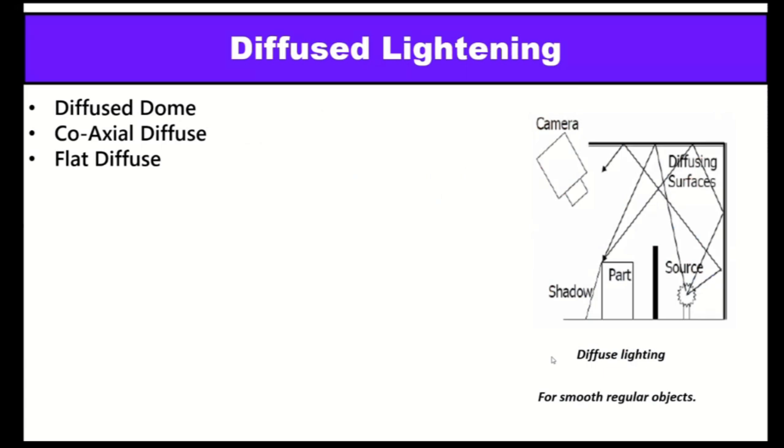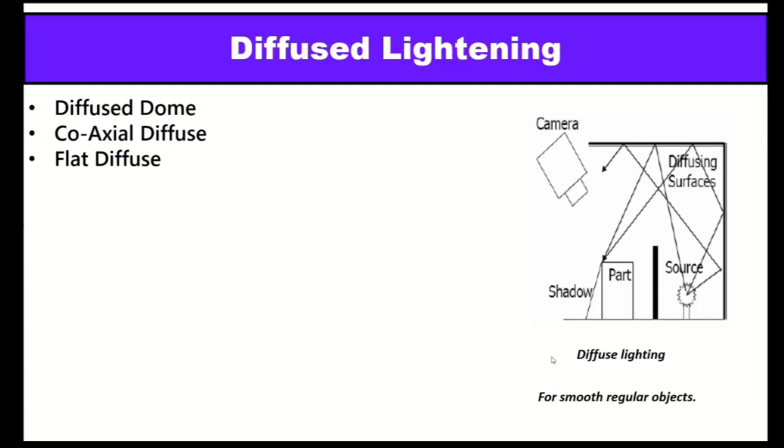In diffuse lighting, for smooth objects, many times direct light falling on the object may create problems. So diffuse dome or coaxial diffuse or flat diffuse, wherein light sources can be more than one, and you adjust the reflection of the light and it will be coming back to the camera.